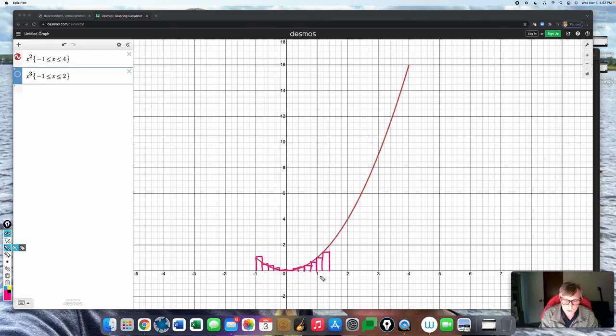And what happens is this length, this delta x, is getting smaller, right? So what's happening is the limit of this, as this approaches 0, then these rectangles get super thin, almost like line segments, if you will. And then there are more and more and more rectangles, right?